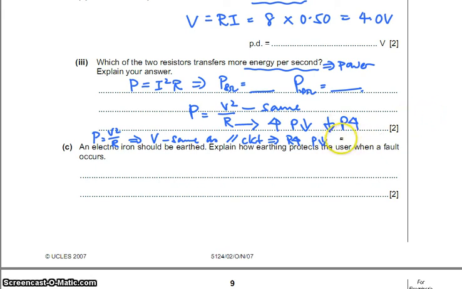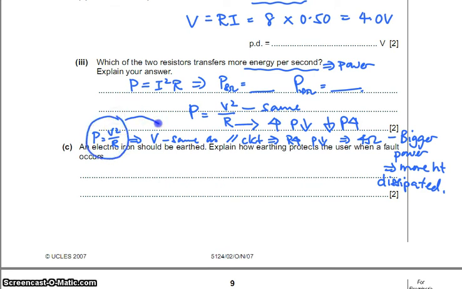So this will imply that your 4 ohm resistor will have the bigger power. And that also means more heat dissipated. Okay, clear? So I repeat, we are making use of this formula, and we are making use of this idea that V is the same. Alternatively, of course, you can just work out the values of the power, using the I that you can calculate and the R that is stated.